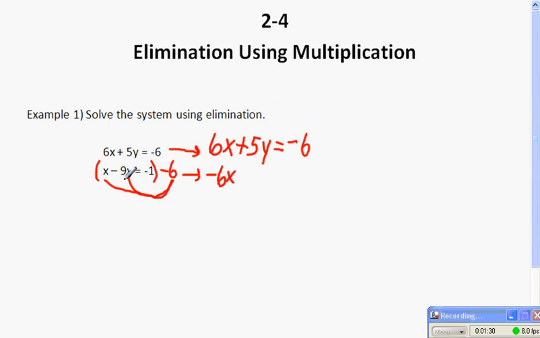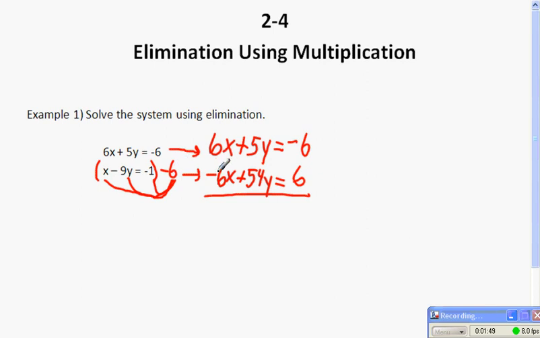-6 times -9y is a positive 54y. And -6 times -1 is a positive 6.